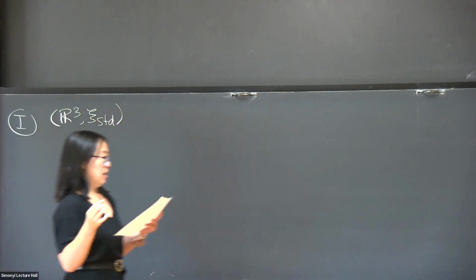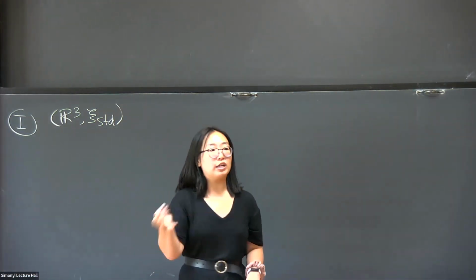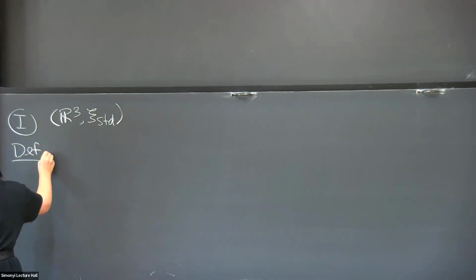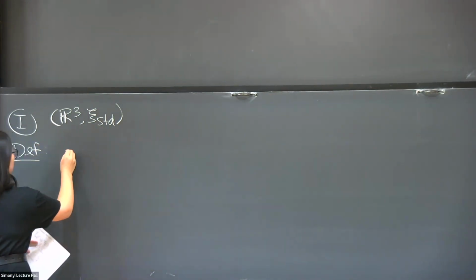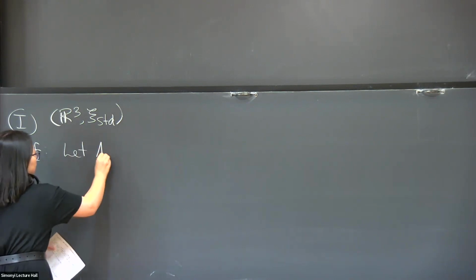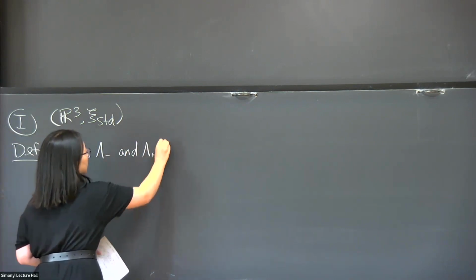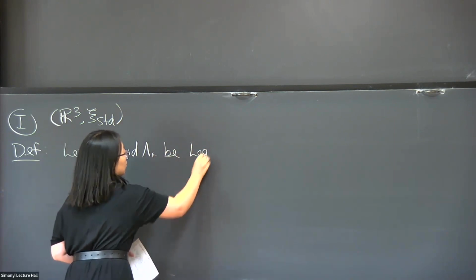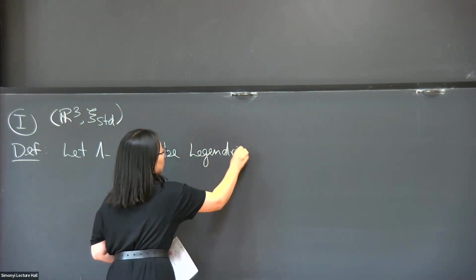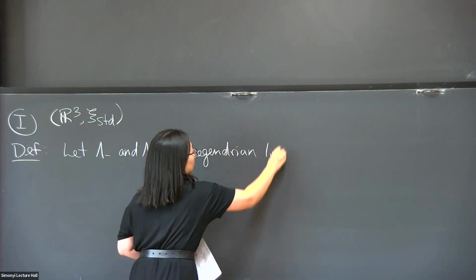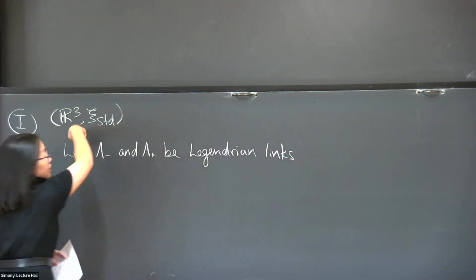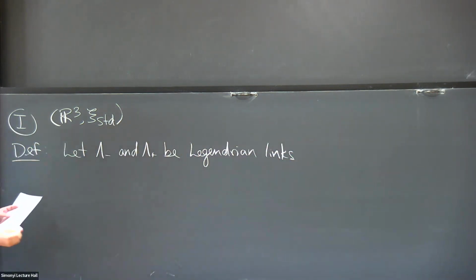And I'm going to define what a Lagrangian cobordism is. So given 2 Legendrian links, lambda minus and lambda plus, they're going to live inside of my contact manifold.